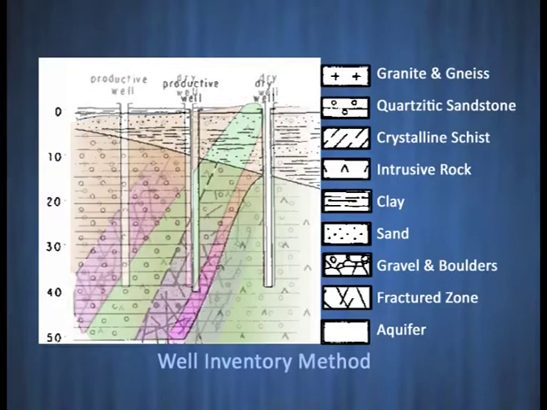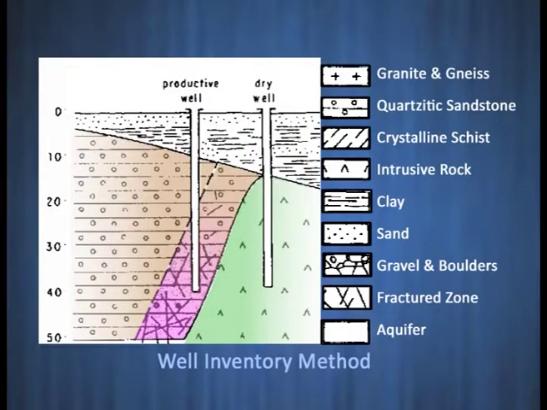If any virgin area is there with no wells, then you should drill a test hole there, measure the depth of the water level, and prepare water table contour maps. It is one of the very important groundwater maps.